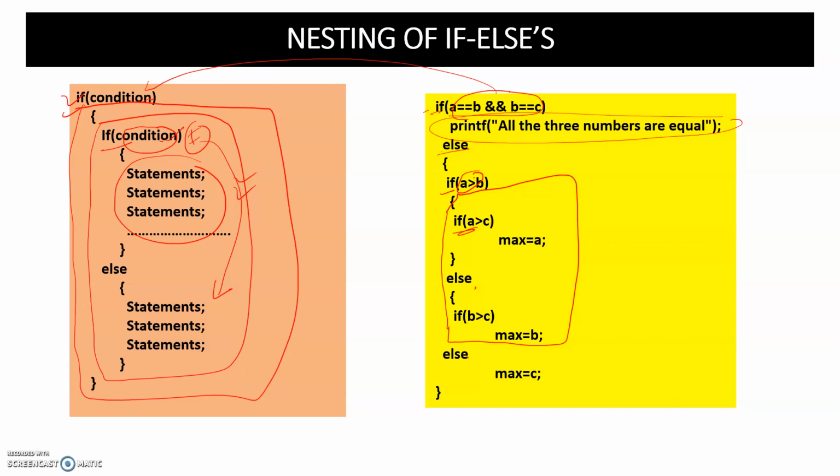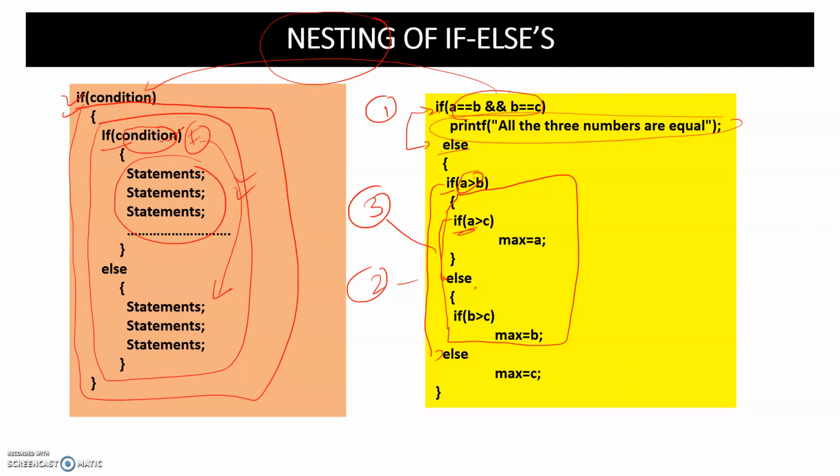So here this one and this one is one if else statement, this one and this one is another if else statement, and this one and this one is another if else statement. So all in all we have three if else statements. What we are doing here is applying nesting of if else statements.